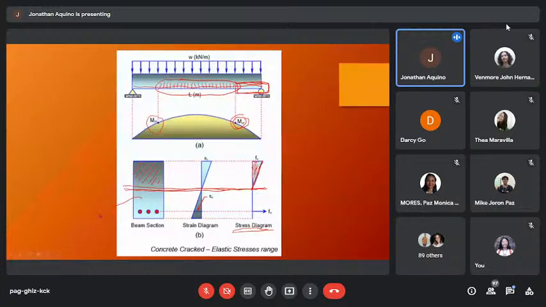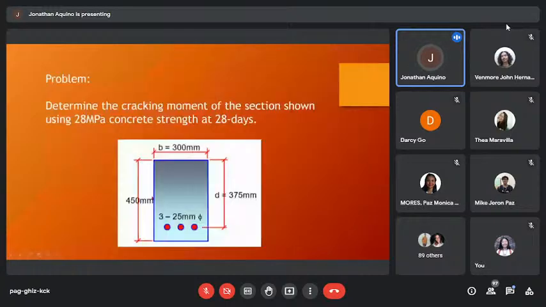Okay? So let's try this sample problem. So mapapansin ninyo, kahit unreinforced o wala pang reinforcement yung beam nyo, meron na siyang flexural or moment capacity pero napakaliit. Okay? So this sample problem illustrates the cracking moment capacity of any rectangular beam.